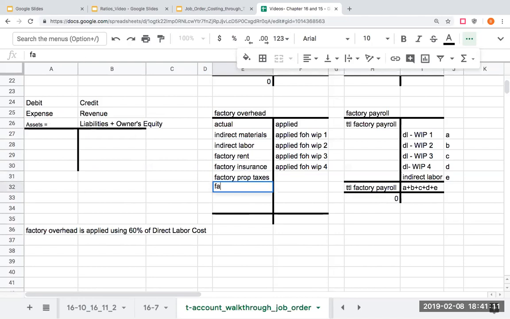You could also have factory maintenance, factory equipment depreciation. And so this is giving me my total actual factory overhead. And over here is going to be my total applied factory overhead.